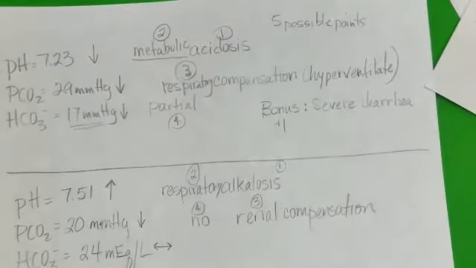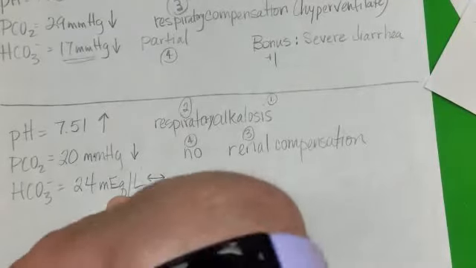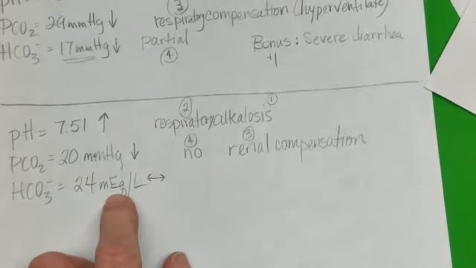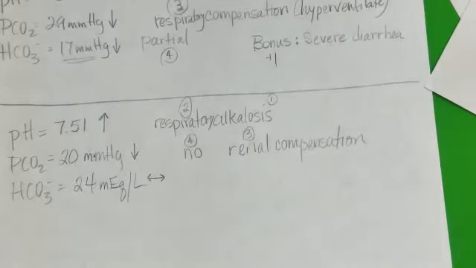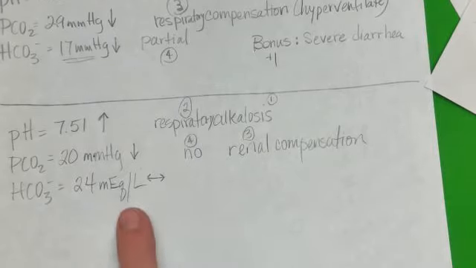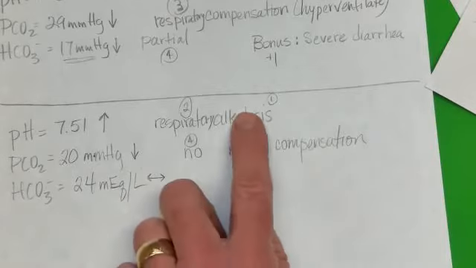Let me check my chats and see. Okay, so Tony just said, would bicarbonate have to exceed 26 to be partial in this case? Absolutely. Okay, so in order to make this a partial compensation, this has to be out of range. But it's not going to be bigger than 26, because then that would make it more alkalotic.